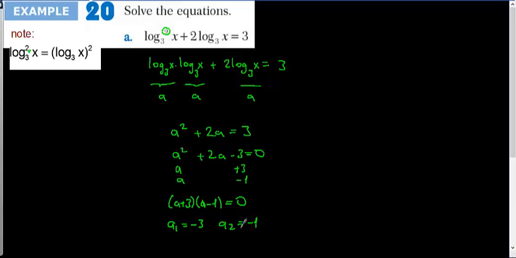What does it mean? Logarithm base 3 of x is equal to a, and here a is equal to minus 3. So logarithm base 3 of x is equal to minus 3, and logarithm base 3 of x is equal to plus 1.